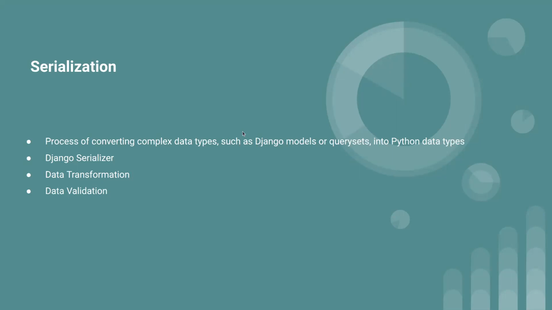This is essential for sending data to clients in a structured and standardized manner. Data validation allows us to define validation rules for incoming data, and this ensures that the data received in API requests meets the expected criteria before being processed. This we will see in the demo session.